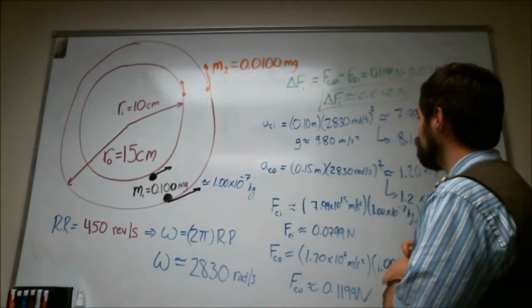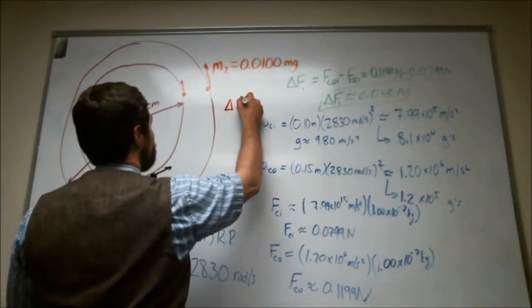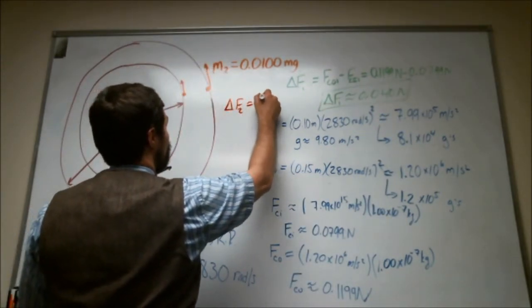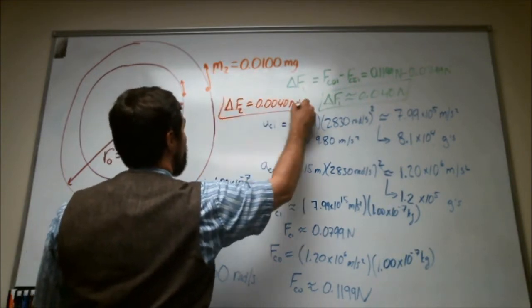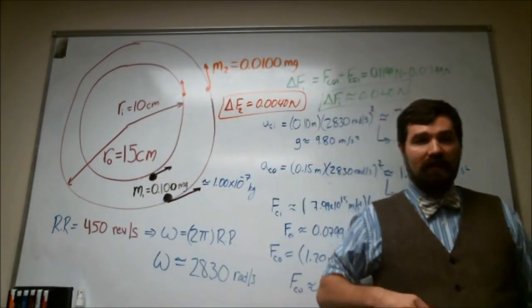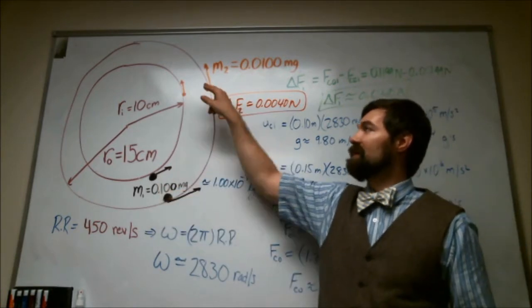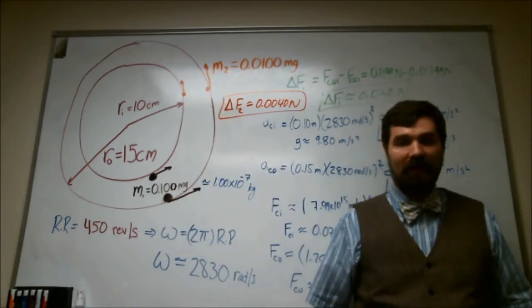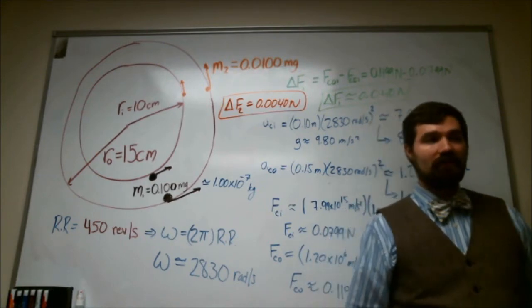For object 2, you end up getting a difference of force of 0.004 newtons. Okay, so that is how much difference in force the object experiences when it moves from inner edge to outer edge. And that's what we've got time for today.